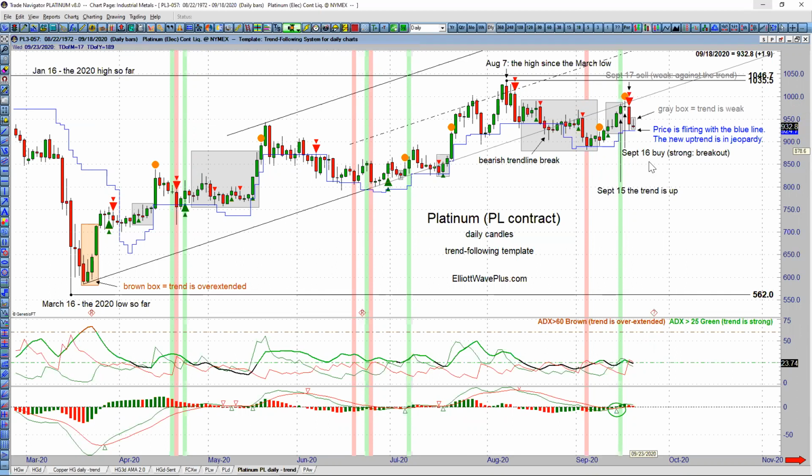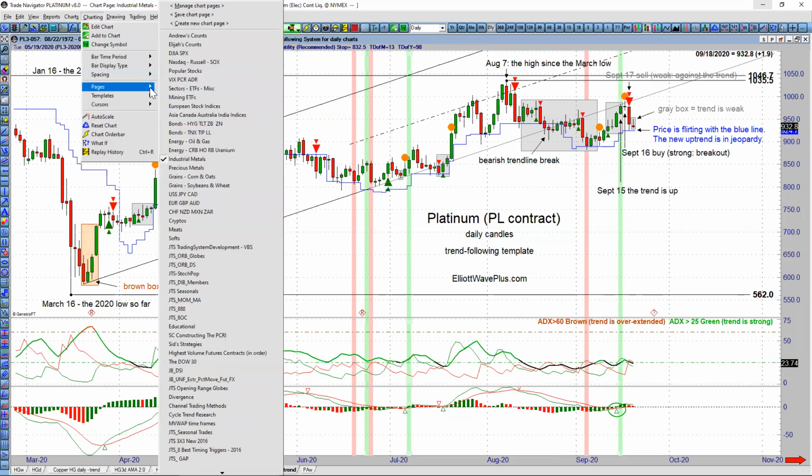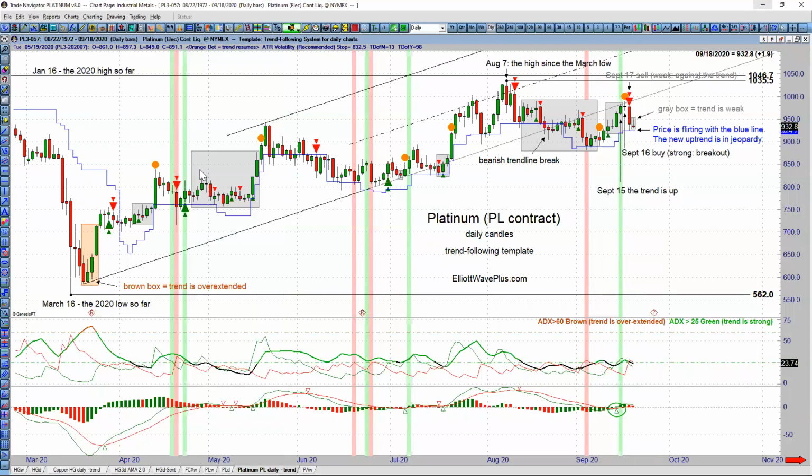This could easily turn into a wave 3 to the downside despite the current trend direction as shown by the MACD, and it could easily cross over this line again. We get another one of these pink lines within just a couple of days and a breakout move, in my opinion, on platinum to the downside. I think that's what's going to happen. I think it's already started.